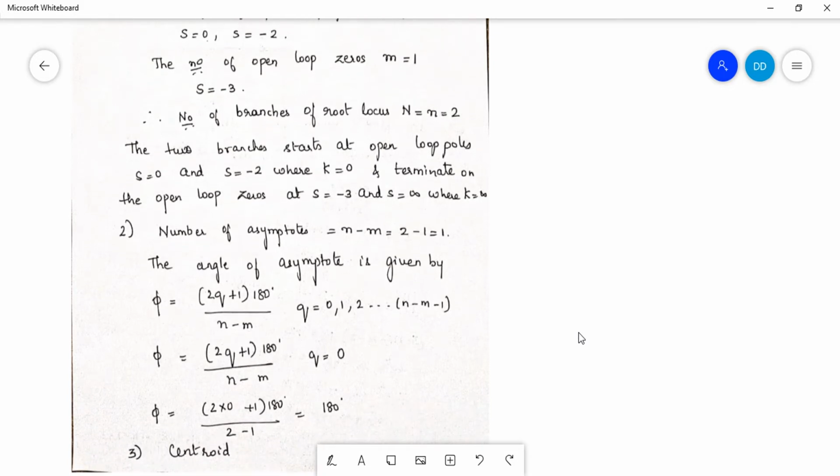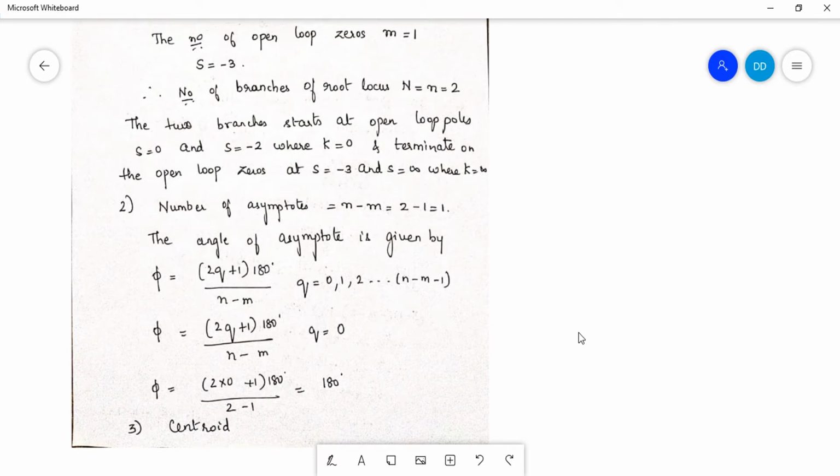On substituting, we get 180 degrees. So one branch starts from s = 0 and terminates at s = -3. One more branch starts at s = -2 and terminates at infinity along 180 degrees.